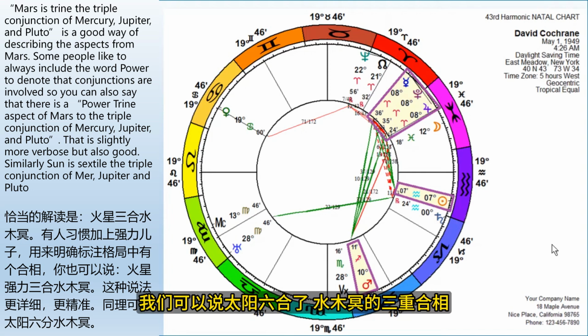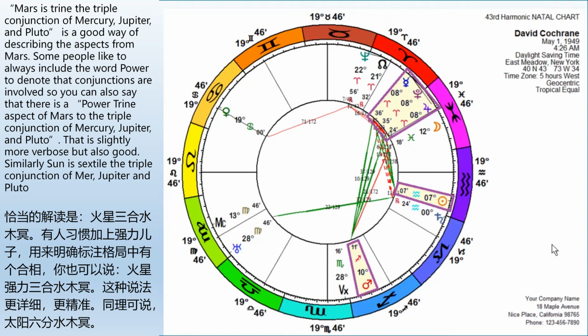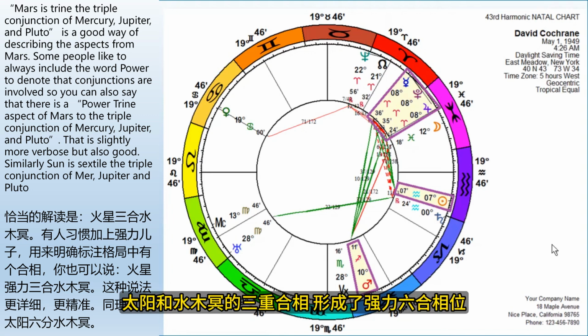I happen to like it. And we could say Sun is sextile the triple conjunction of Mercury, Jupiter, and Pluto. We can also say the Sun is making a power sextile. Sorry, I'm getting punchy here. The Sun is making a power sextile to the triple conjunction of Mercury, Jupiter, and Pluto.